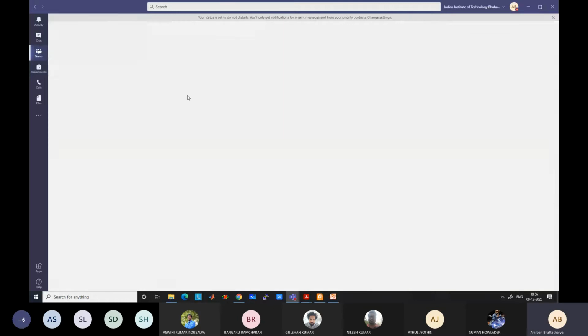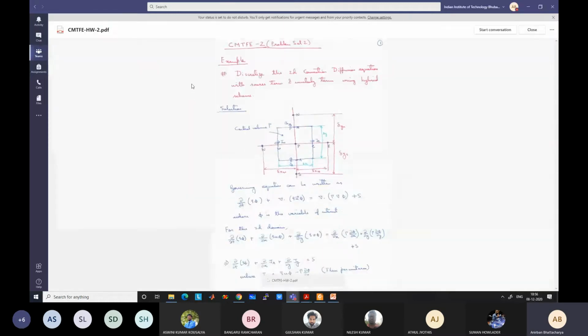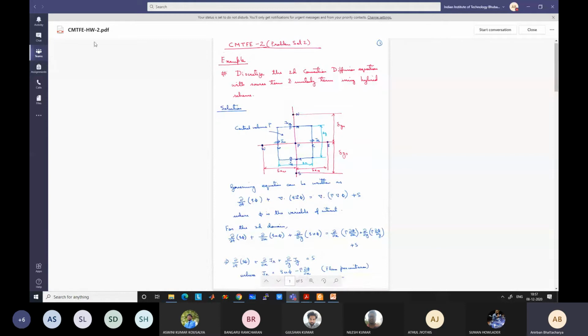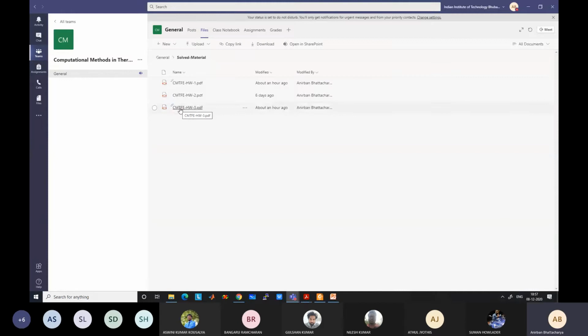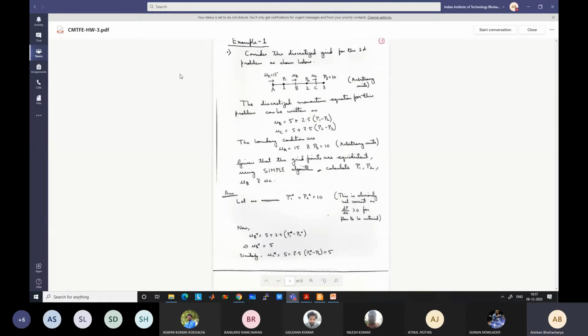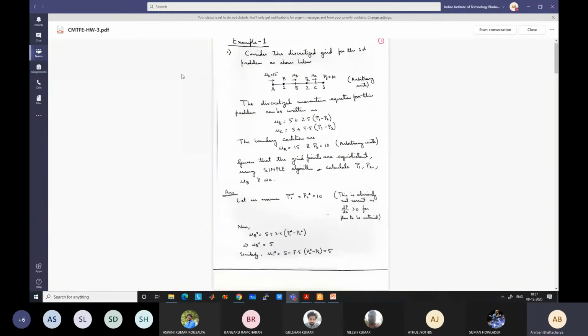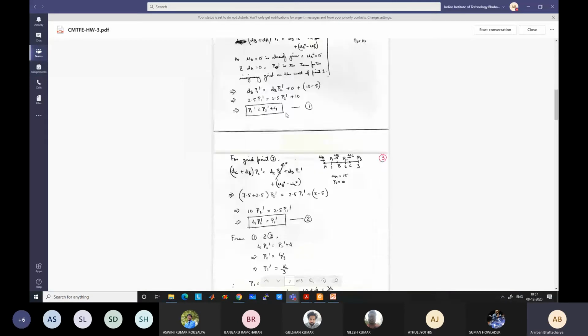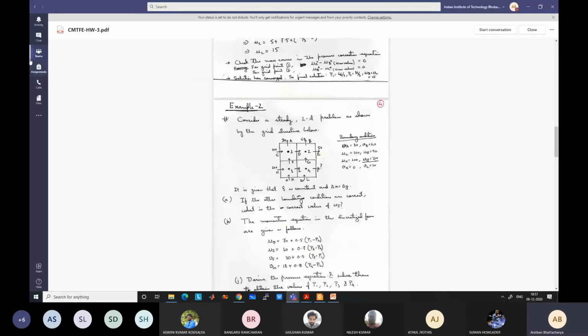Then the second one was how to develop the 2D discretized equation for a convection diffusion problem. And then one or two problems, one from the SIMPLE algorithm and one from the SIMPLER algorithm. These are numerical problems. You should go through this.